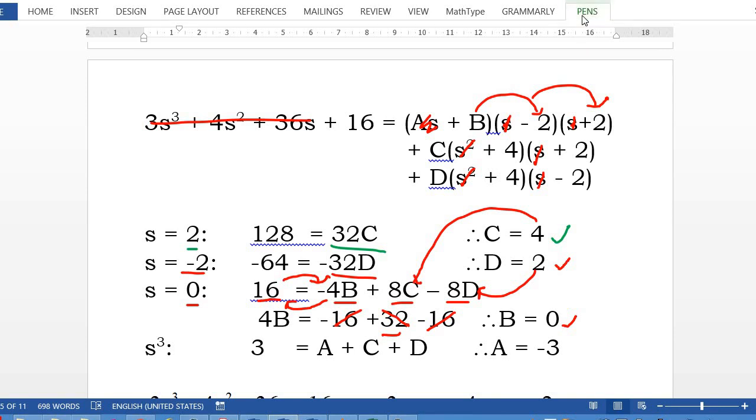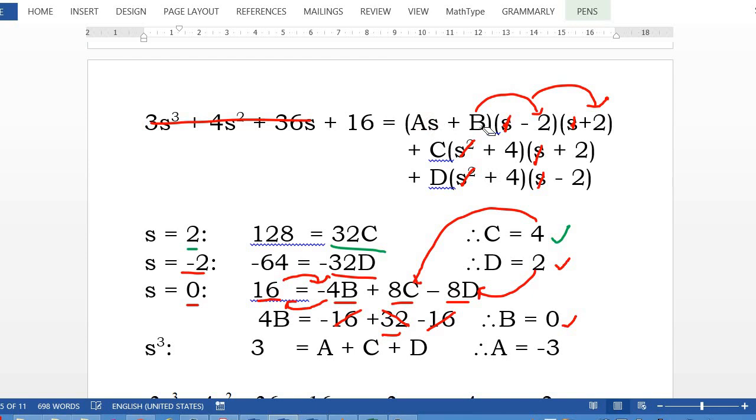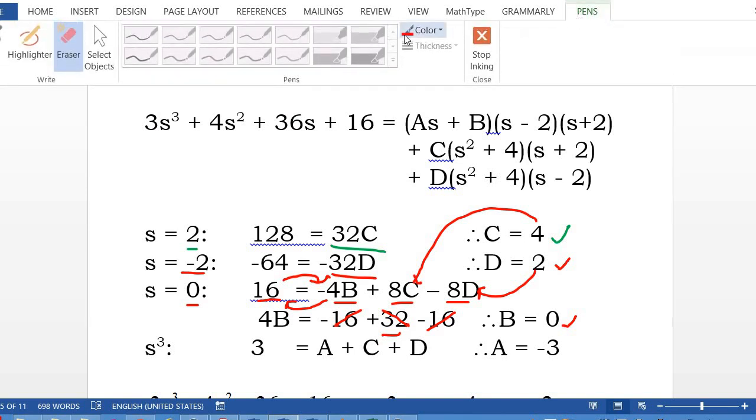Okay, and lastly, to find the last parameter, normally we can use the highest degree term, because you can easily get the highest degree term rather than expand all the expression on your left-hand side.